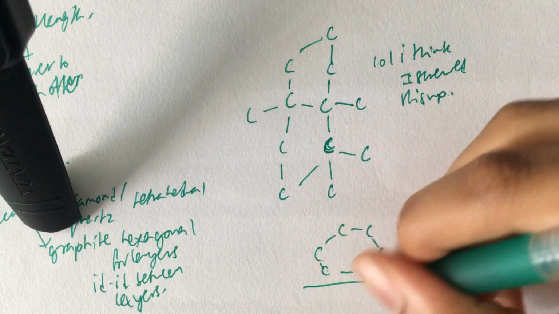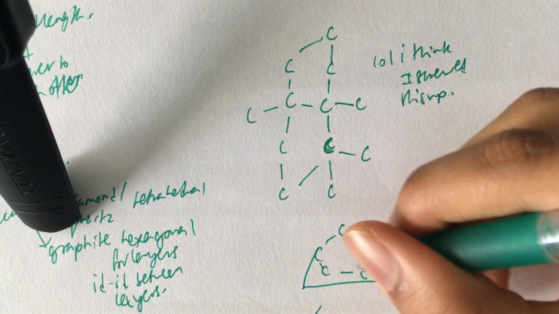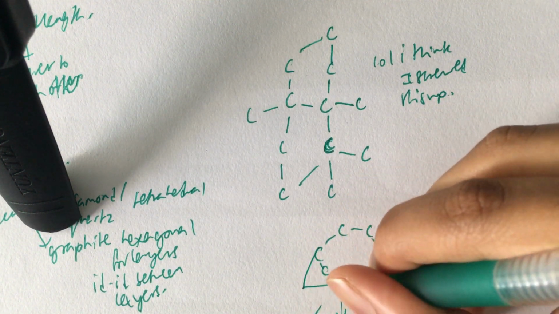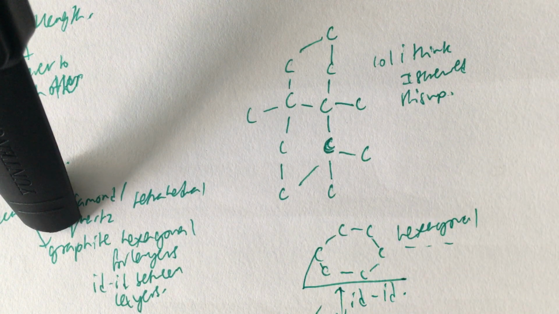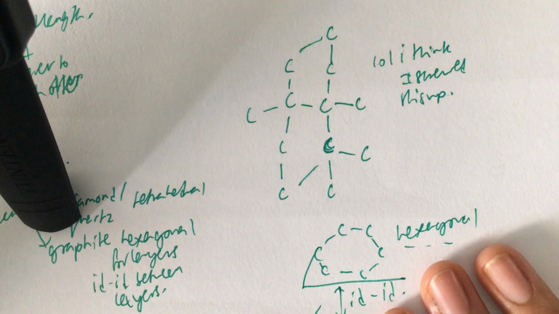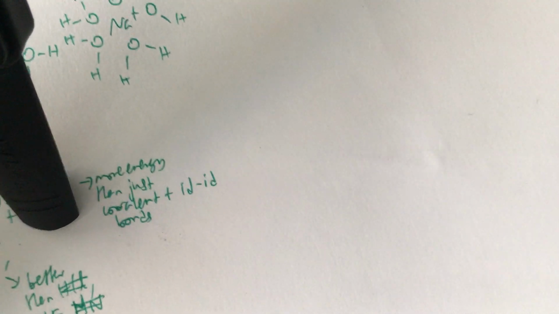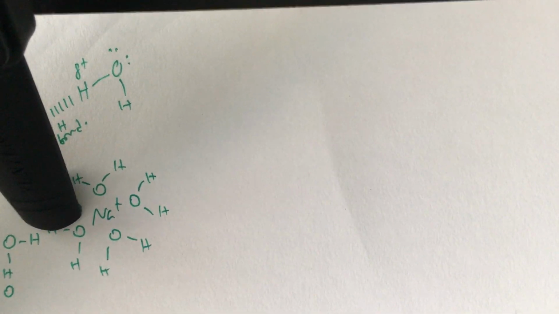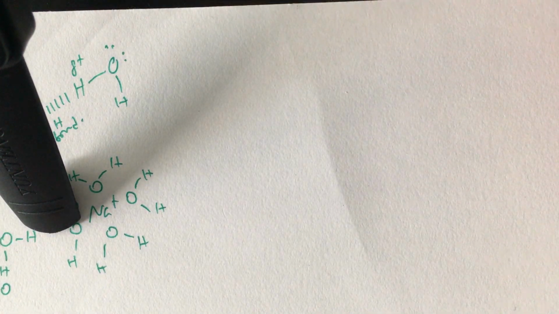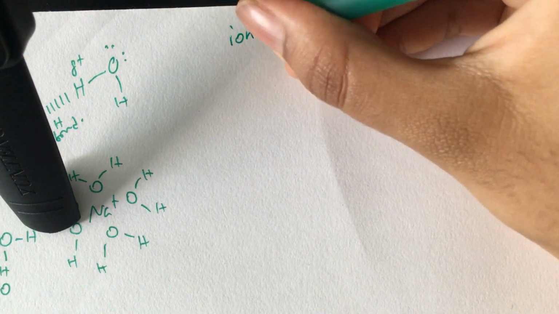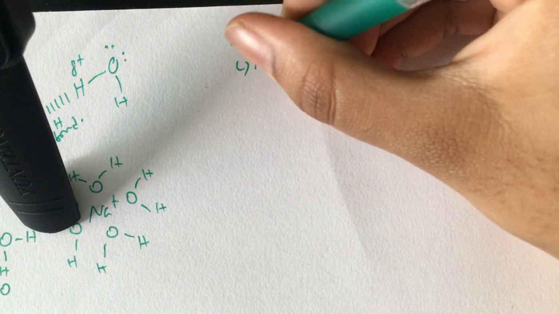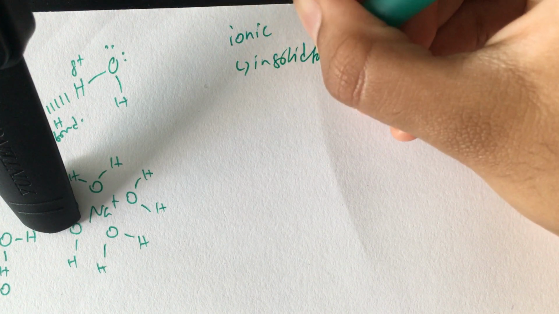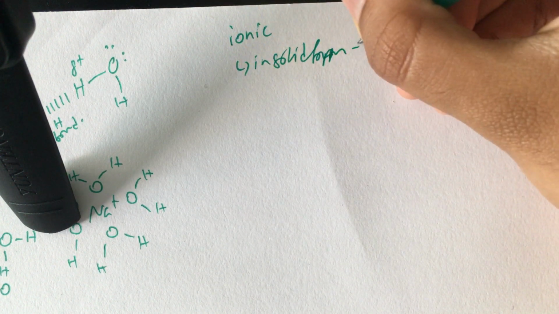So ionic conducts electricity because there are positive and negative charges. But in order for it to conduct electricity, it needs to be molten, because in solid form the charges can't really move anywhere. They're locked in place.